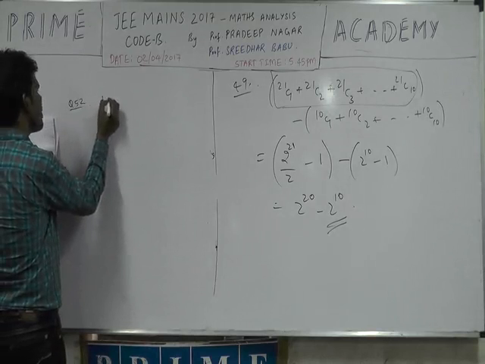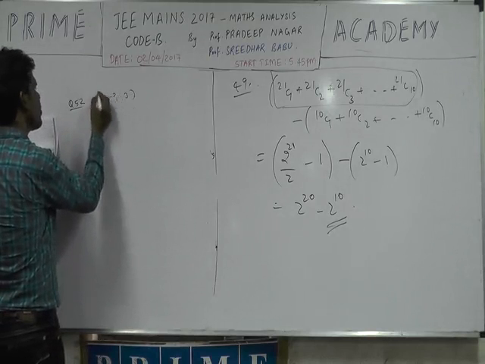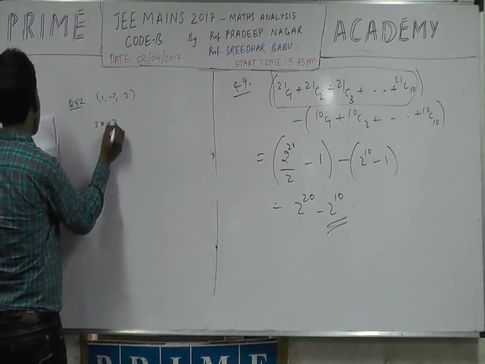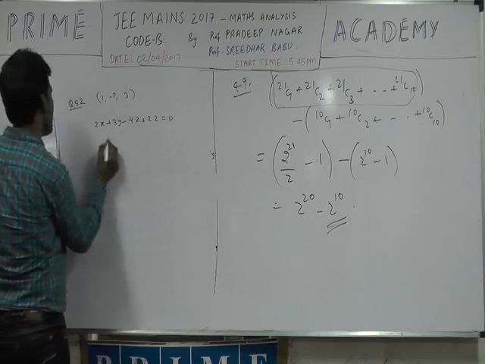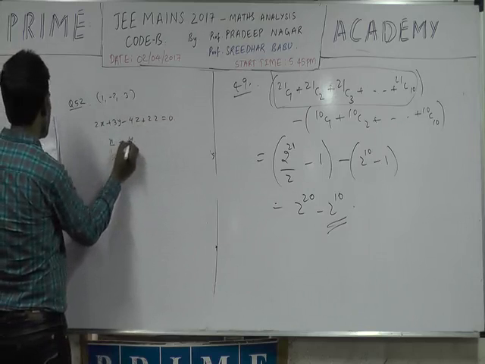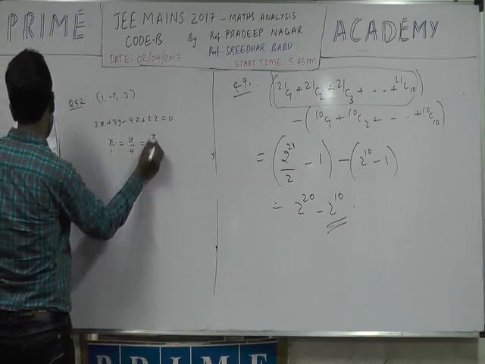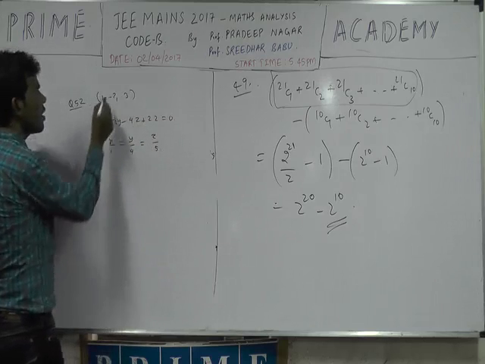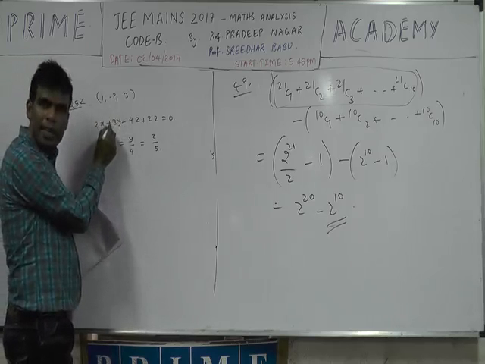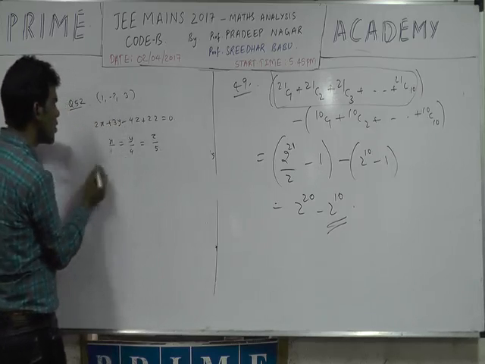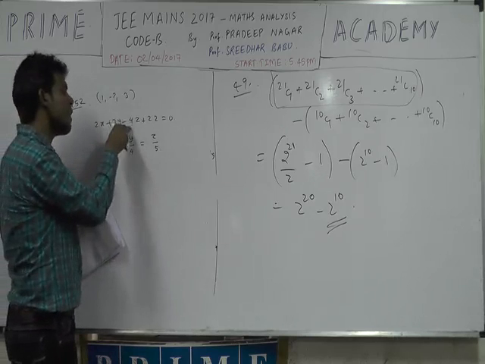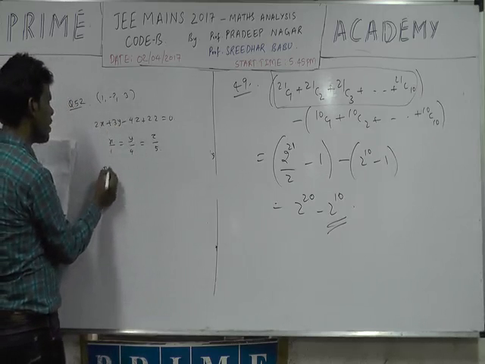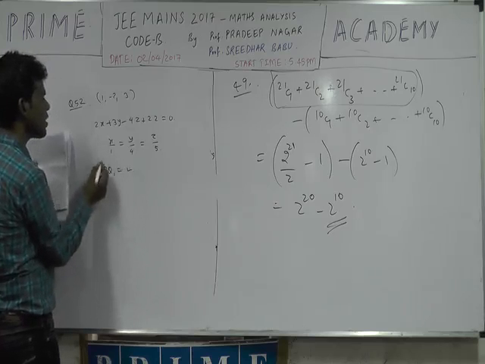The point is 1, minus 2, 3. The plane is 2x plus 3y minus 4z plus 22 equal to 0. And the line along which we are measuring the distance is this one. So for the distance of this point from this plane measured along this line, let's call the point Q1, which is lying on this plane. So PQ1 you can easily get by applying this concept.